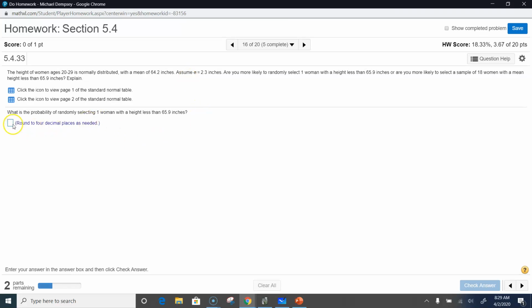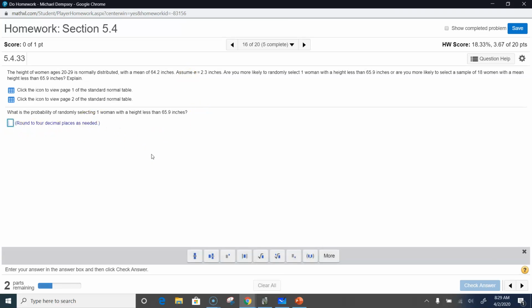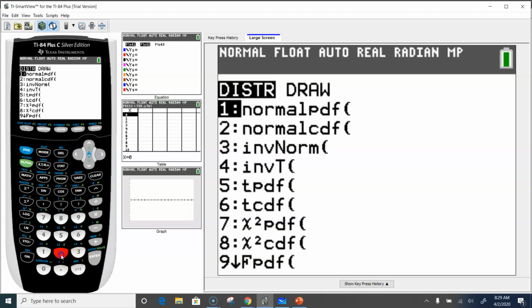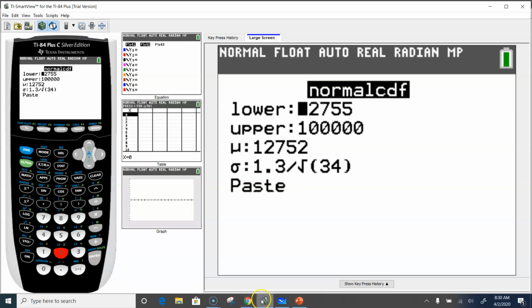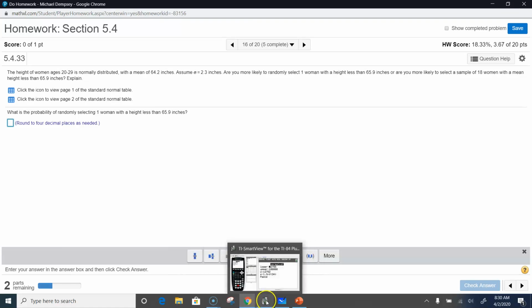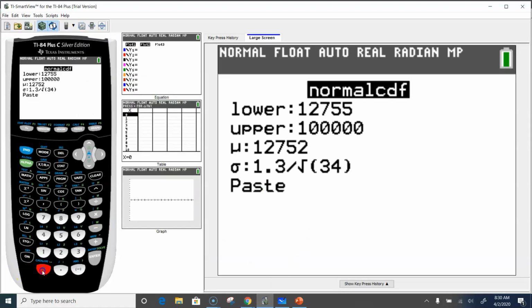But we can kind of go through and do the computation, and we'll compartmentalize this one. What's the probability we select one woman with a height less than 65.9? So here we just use our parameters. We use the 64.2 and the 2.3, and it's a simple normal CDF problem like we did in the last section. So we have normal CDF. We want the probability that her height, just one woman, is less than 65.9. So our parameters would go from, let's say, 0 to 65.9.